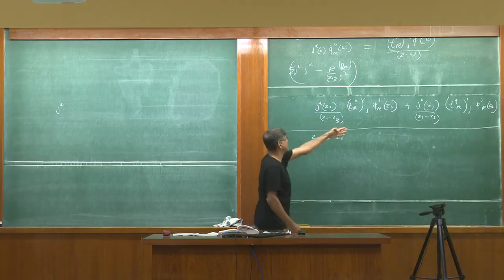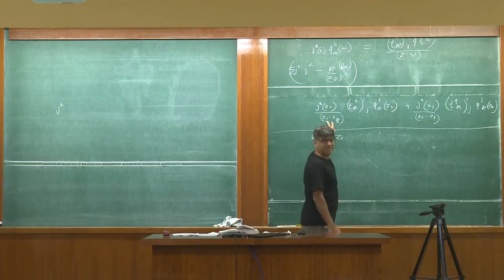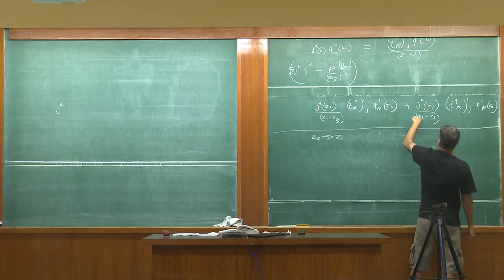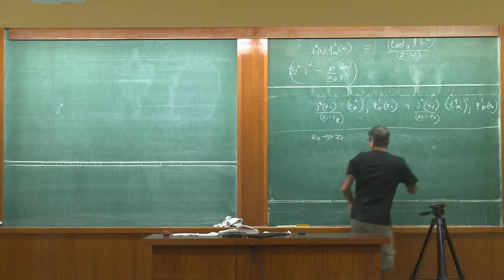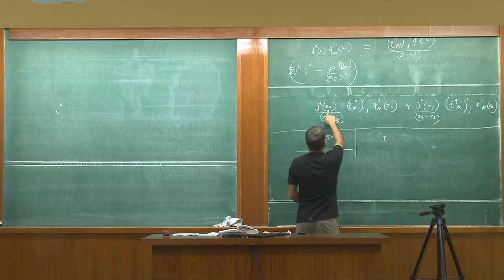Here we're only interested in the poles. Here we just set 2 equal to 1. Here we also set 2 equal to 1. And so we get T, and then we take the limit Z2 to Z1.